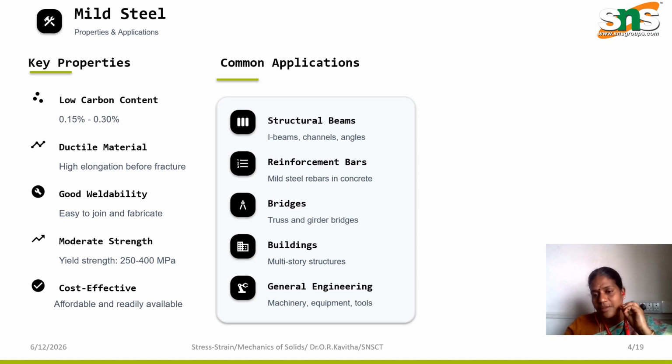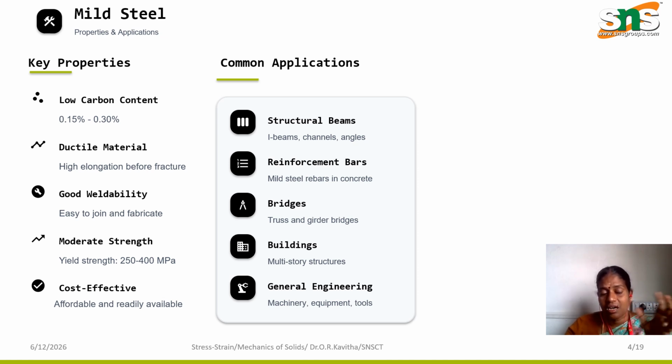The most used material in RCC buildings or any structures is mild steel. The main important properties of mild steel are that it has low carbon content, it is a very good ductile material, and it has good weldability.